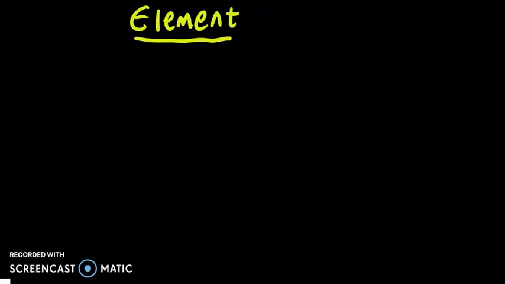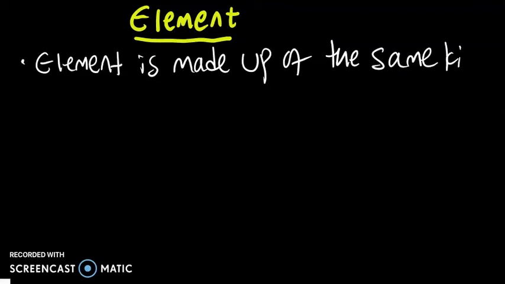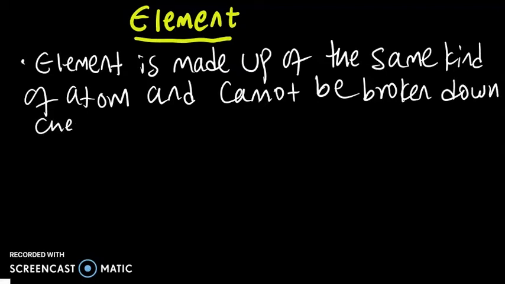So what's an element? Basically, an element is made up of the same kind of atom and cannot be broken down chemically into simpler substances.